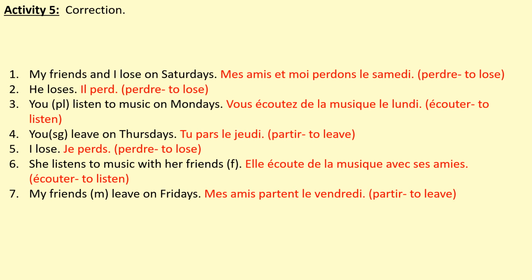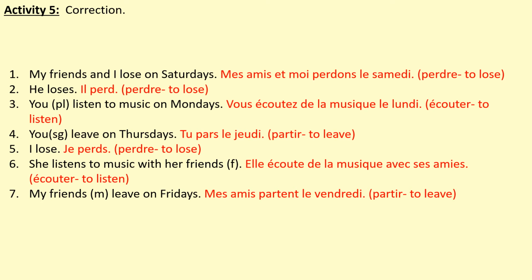For number 4, if it's you singular, leave. And if we know that to leave is partir, we get rid of the IR, so we get rid of the TIR and we replace it with S. And then if it's she listens to music, then it's écouter, we get rid of the ER and replace it with an E. And if it's my friends leave, we can replace my friends with they.